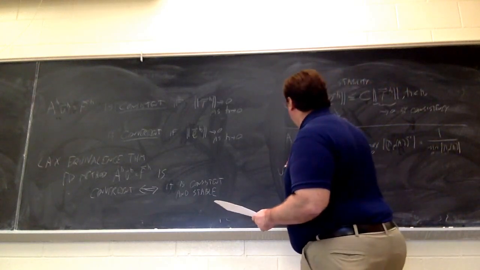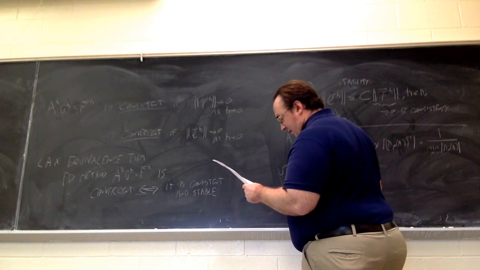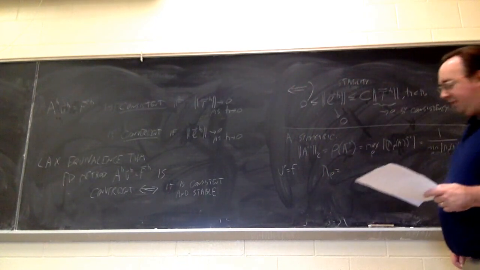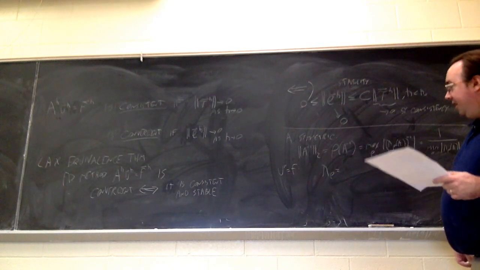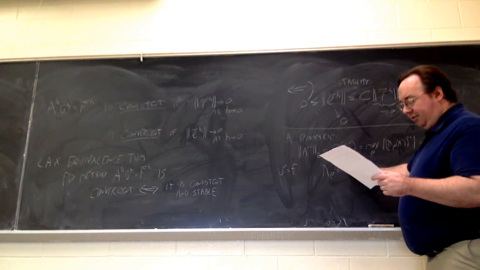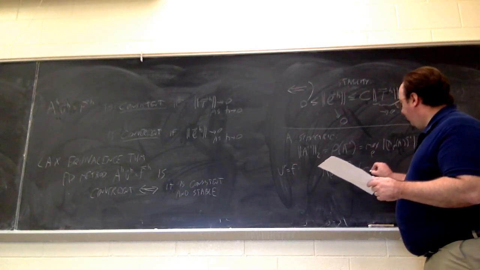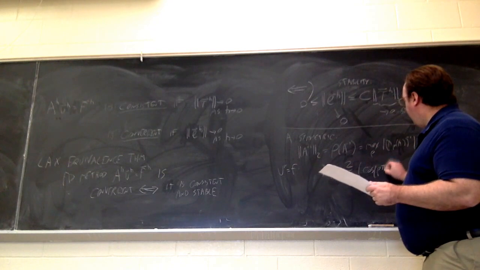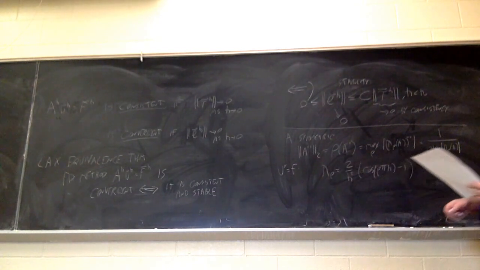So for u double prime equals f, this is what we have in this case. The formula for the eigenvalues is 2 over h squared times cosine of p pi h minus 1.